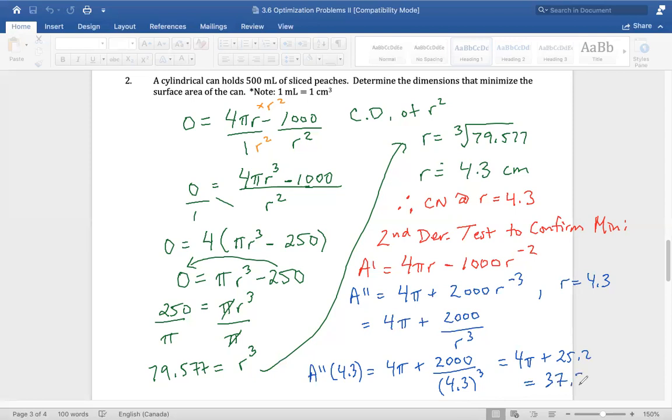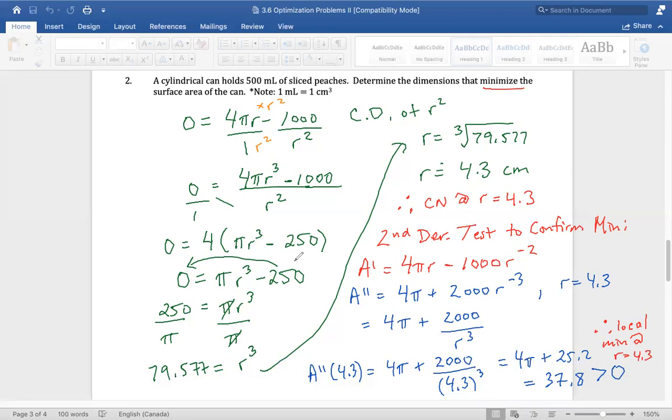But again, really all I care about is that it's greater than 0, right? If it's greater than 0, that means it's concave up. If it's concave up, therefore I have a local min. Again, I can't really fit that in there, but I'll just put up here, therefore I have a local min at r equals 4.3, which is what I wanted, a minimum, right?